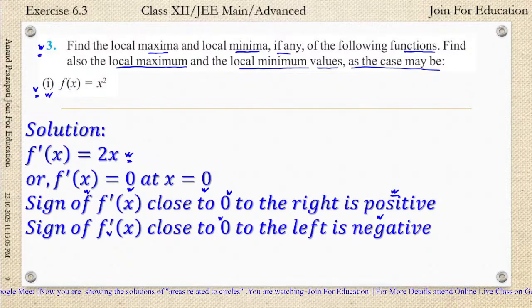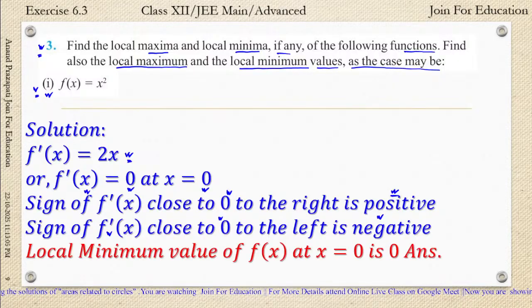Sign of f dash x changes from positive to negative when we move from right to left. So the local minimum value of fx at x equal to 0 is 0. So this is the answer of question number 3 (i).